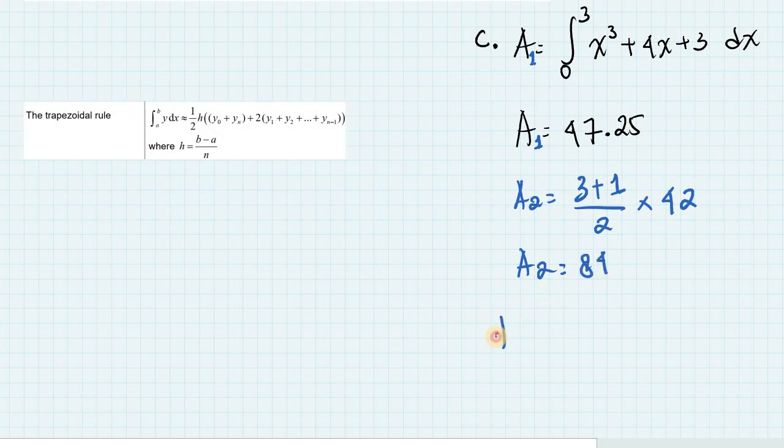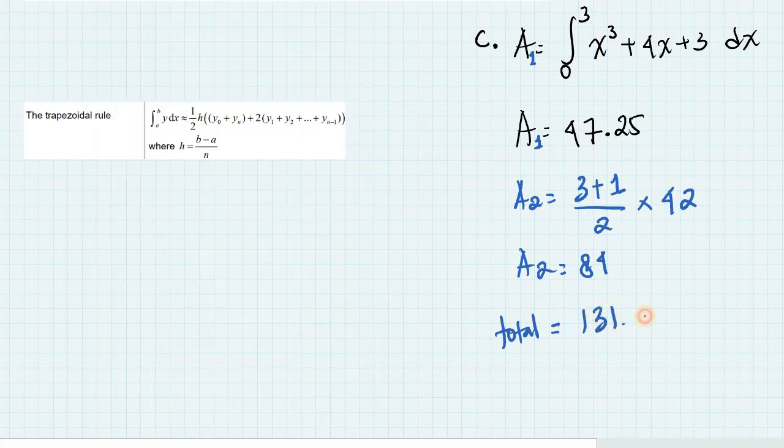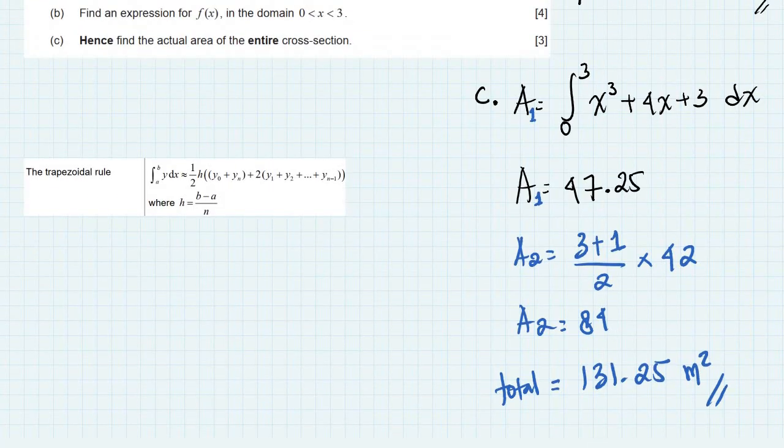The total area is 47.25 plus 84, and we end up with 131.25 meter square. I almost forgot that the question asks for the entire cross-section. So that's it for this question.